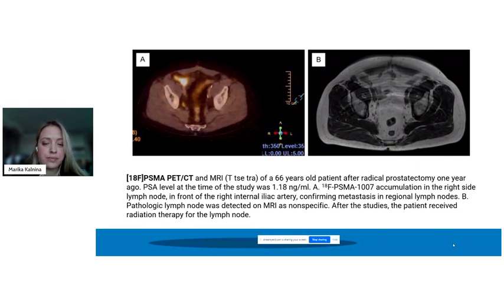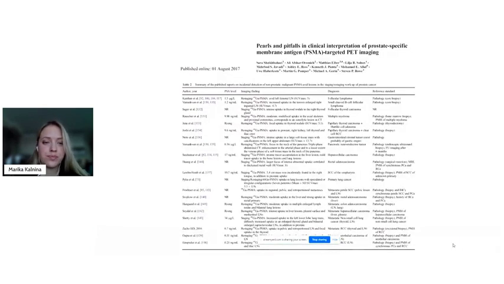But in MRI, it was seen as non-specific because of its very small size, and you can see that sometimes it's very difficult for these sub-centimeter nodes in MR to conclude. This time it was even concluded that it's not specific, but PSMA showed a different situation.